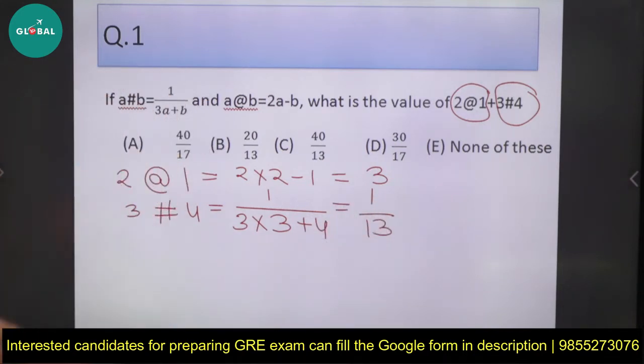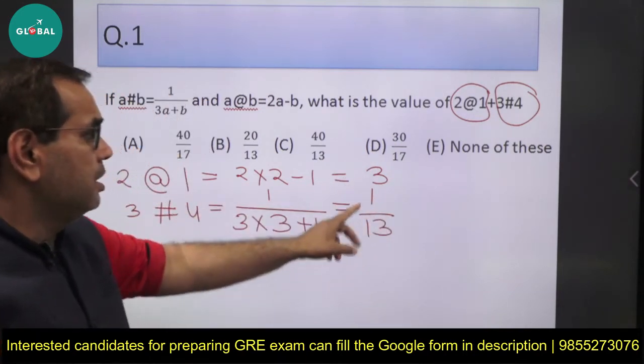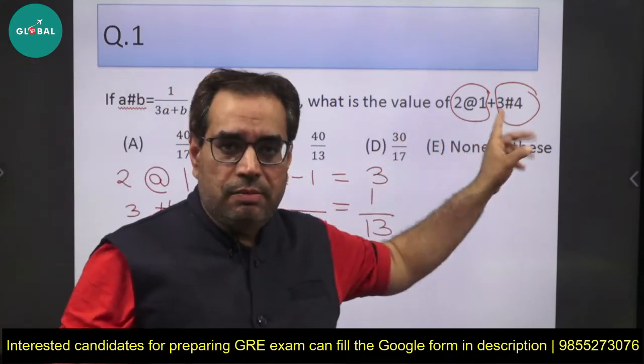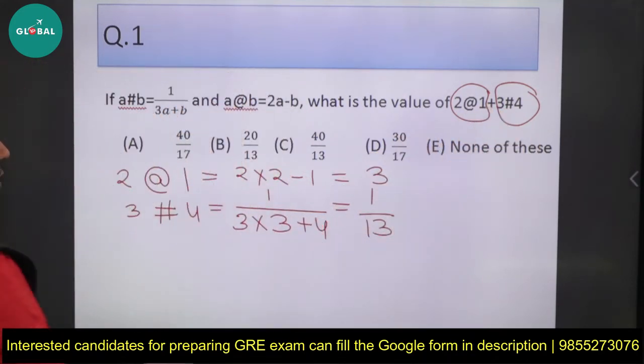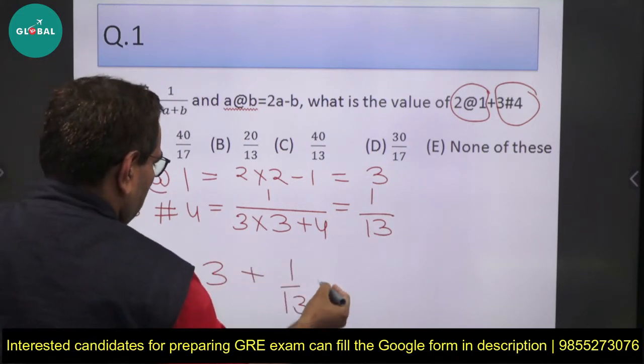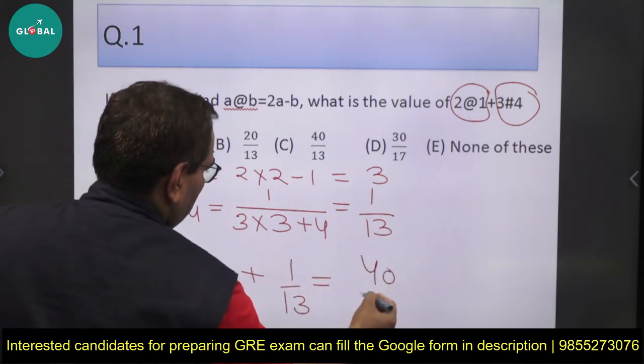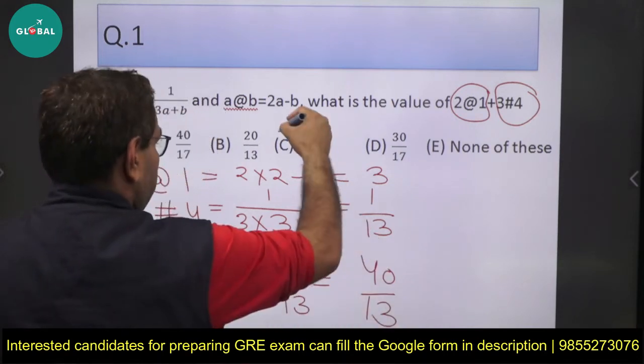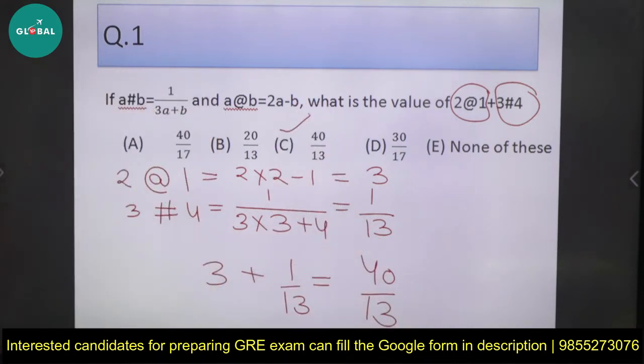So this is 3 and this is 1 upon 13. Now we have to add both these numbers. So we get 3 plus 1 upon 13 equal to 40 upon 13. So C is the right answer in this question.